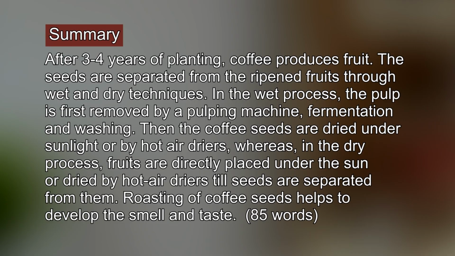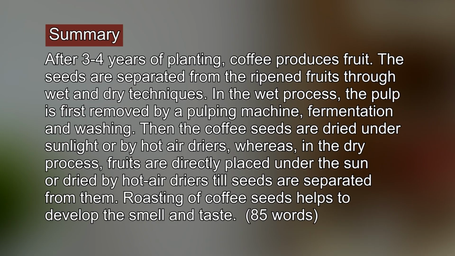Then the coffee seeds are dried under the sunlight or by hot air dryers, whereas in the dry process, fruits are directly placed under the sun or dried by hot air dryers till seeds are separated from them. Roasting of coffee seeds helps to develop its smell and taste.